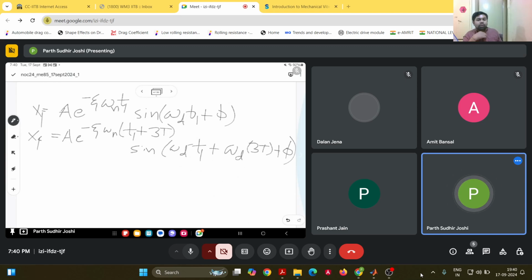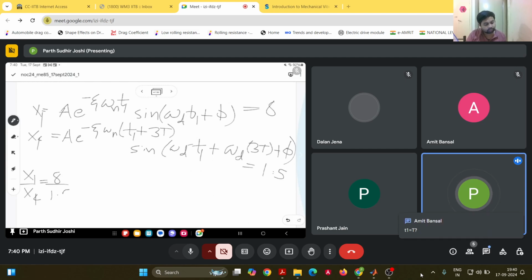We know x1 is 8 and x4 is 1.5, with 3 cycles in between. So we take x1 by x4 as 8 by 1.5.